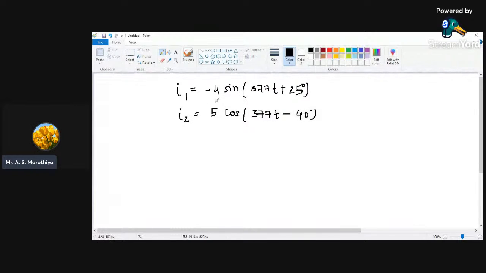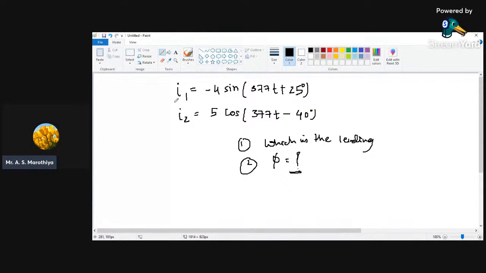And your objective is to find out, number one, which one is going to lead, or which is the leading quantity. And second thing is by what angle, that means what is the difference between phase with respect to each other, that means what is the value of phase difference. So this you have to find out.